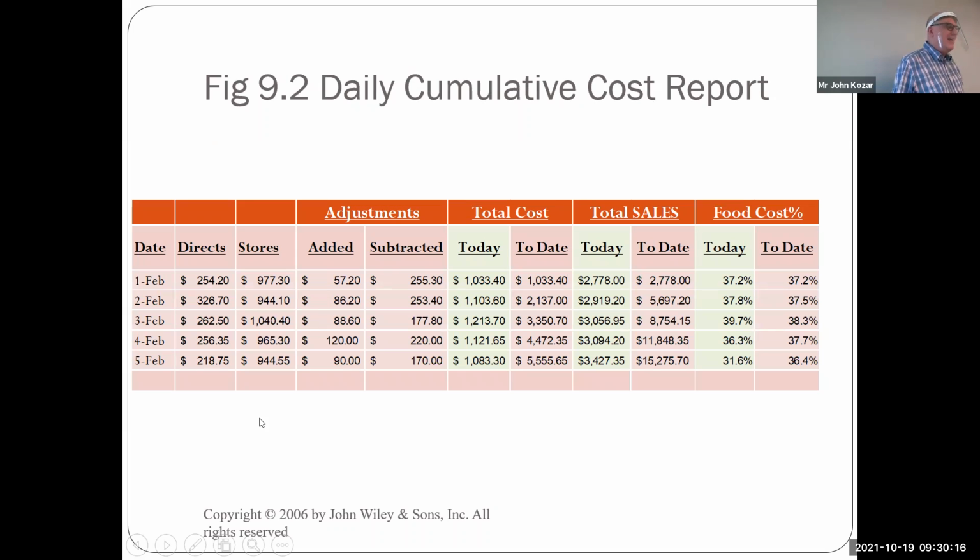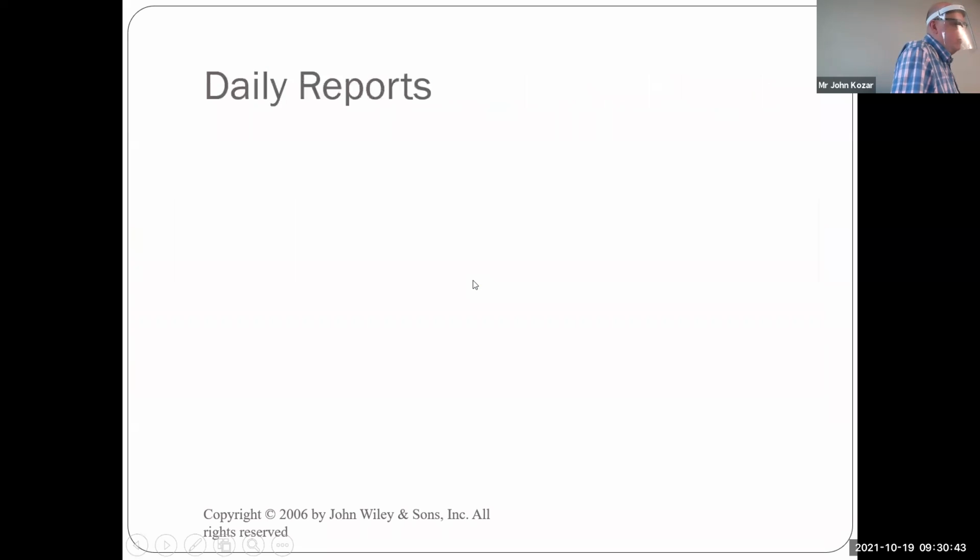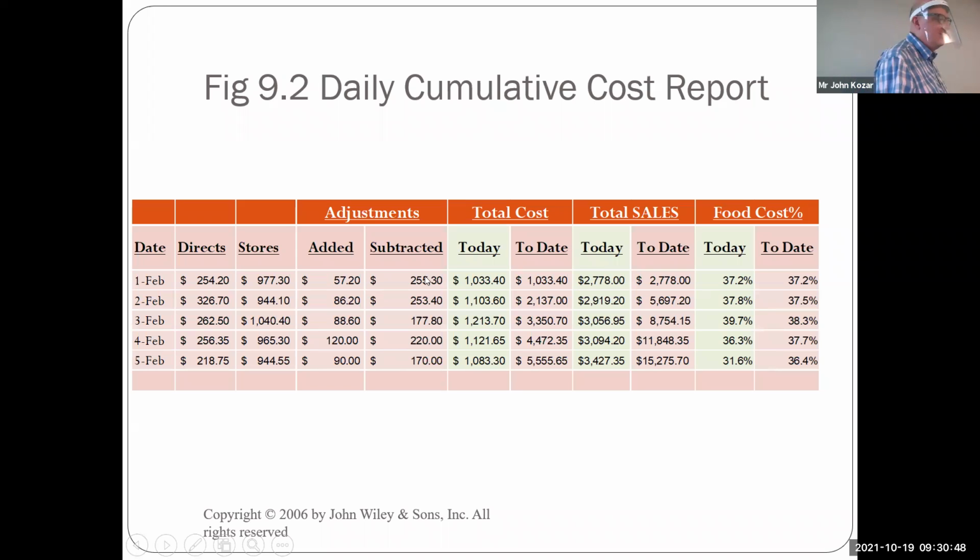So here is an example of a daily cumulative cost report. We've got the week of February 1st through the 5th. And for each day, we have our cost directs and stores, adjustments or transfers, things that are added in, subtracted off, and then we can calculate our total cost for today.